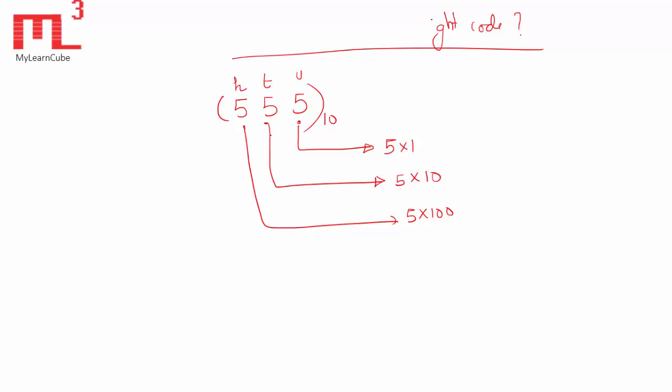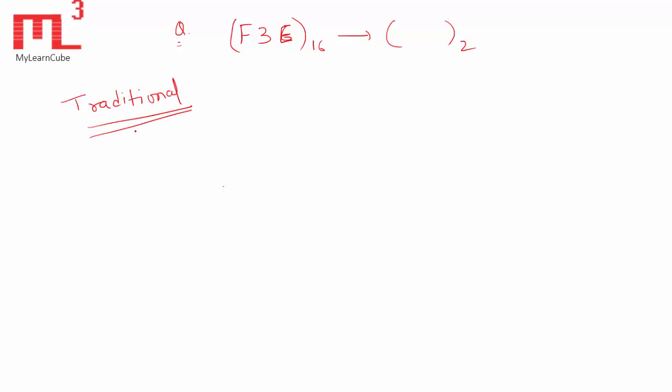Now let's see an example. Suppose I have a question in which I want to convert 3A in base 16 to base 2, binary. I will first solve it using the traditional approach.